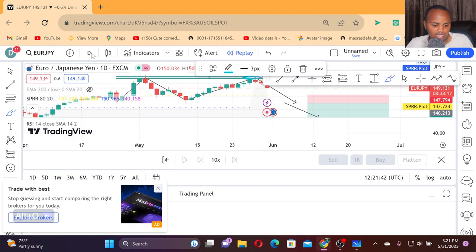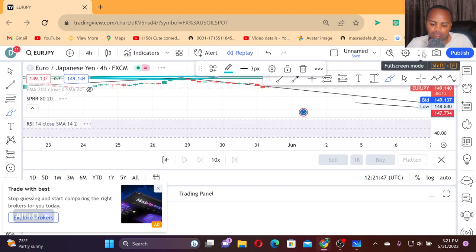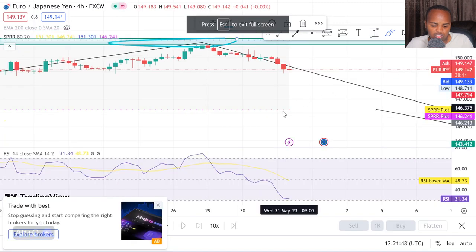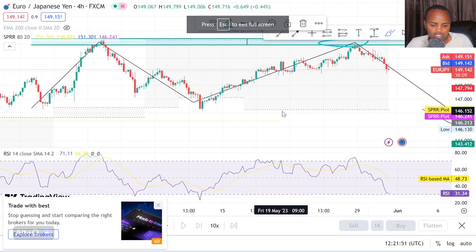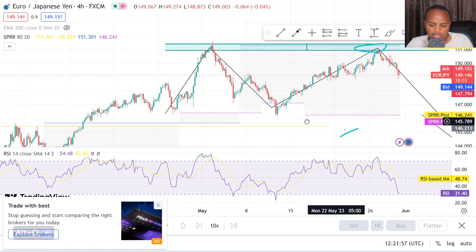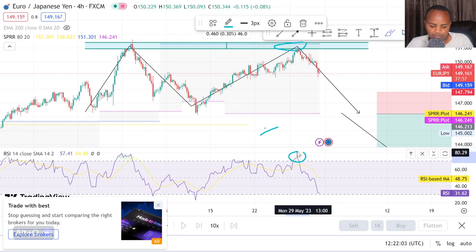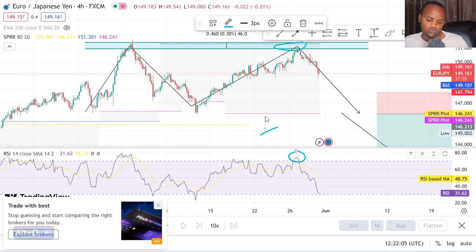I'm going to go to the 4-hour time frame now. I want to see whether, when the market reached around this region, it was overbought. As you can see, when the market reached this area, it was overbought over here. That is one proof.